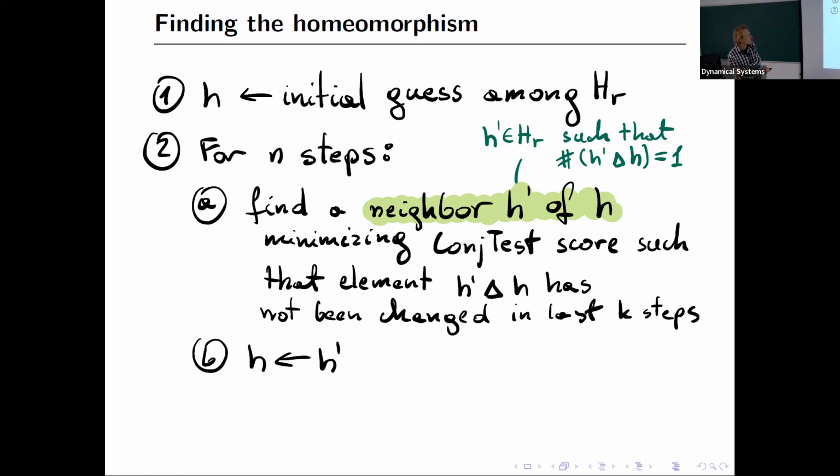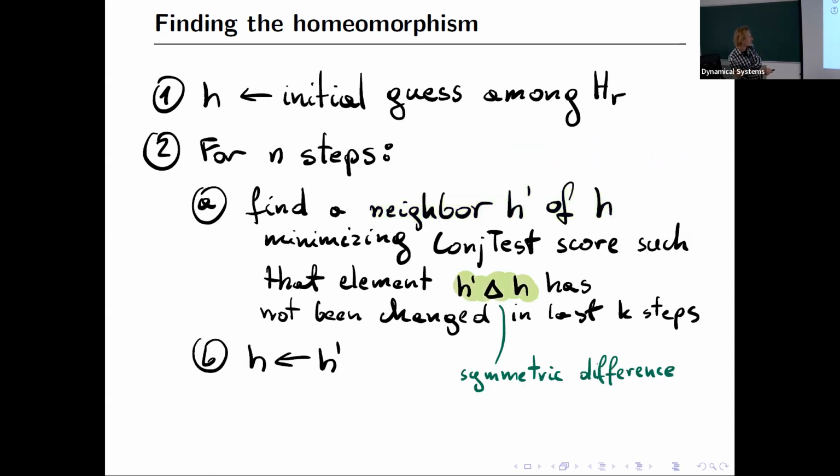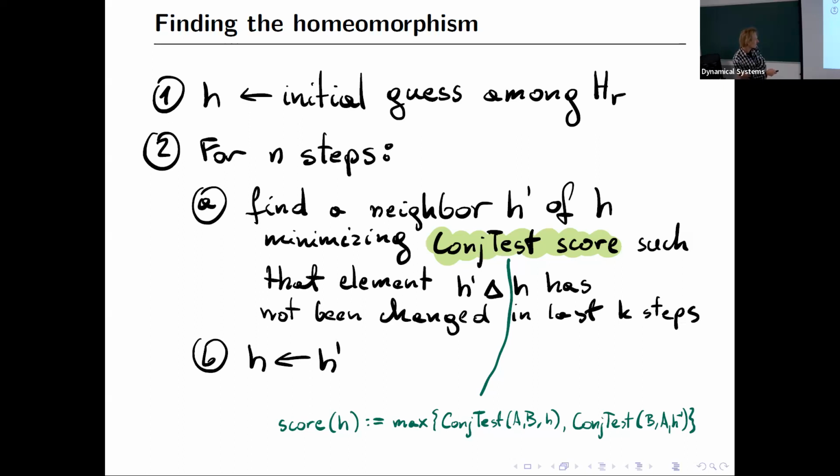So among those cubical neighbors, I look for the one that will minimize the conjugacy test score.